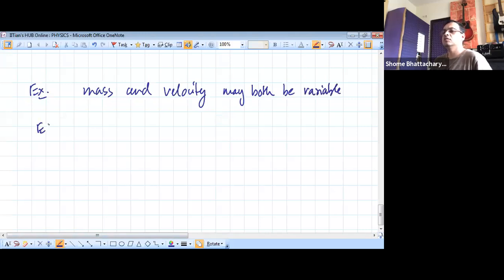For example, already I have the example. So suppose we have a situation where you have one of those standard tanker kind of situations.